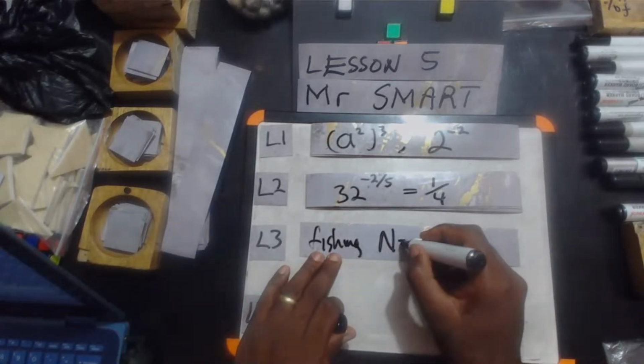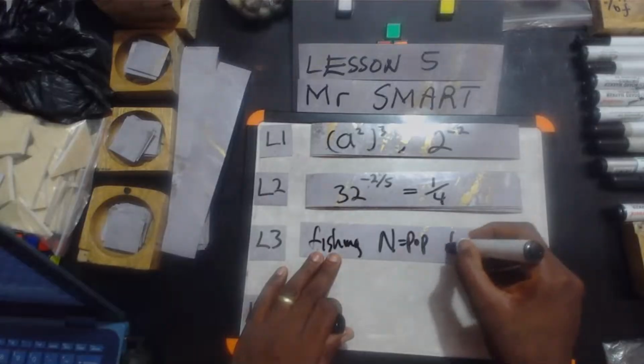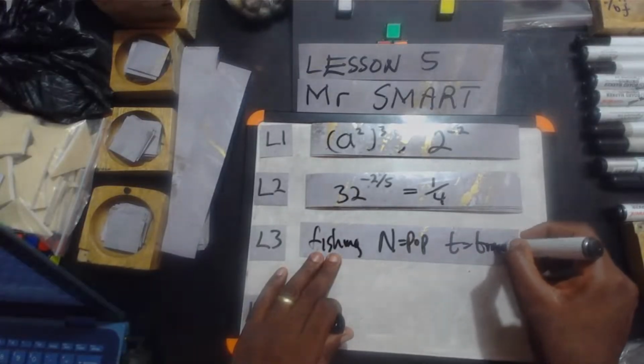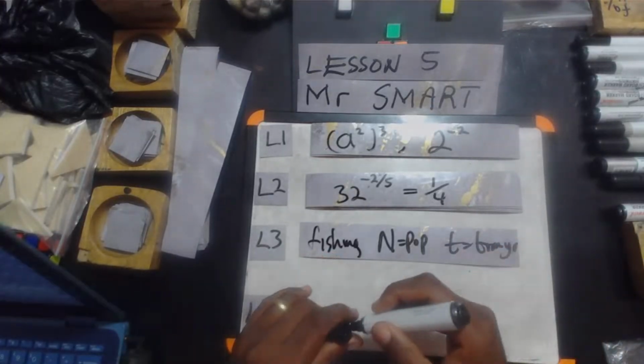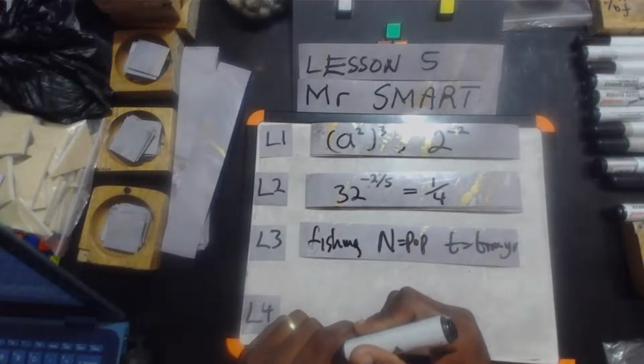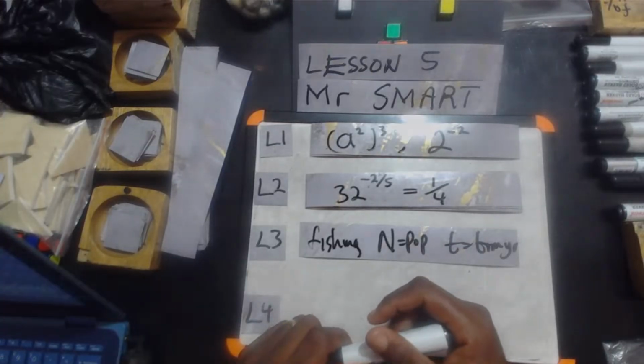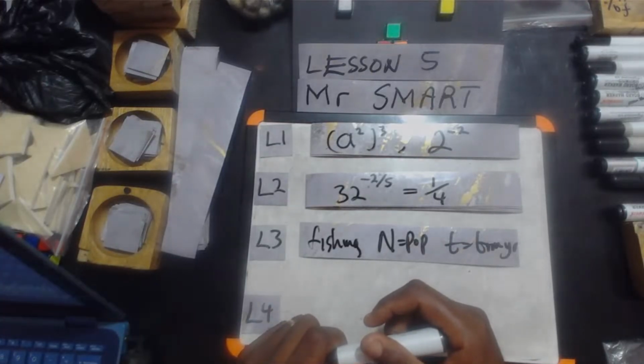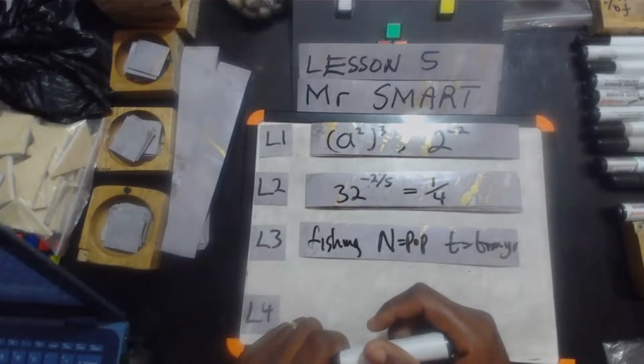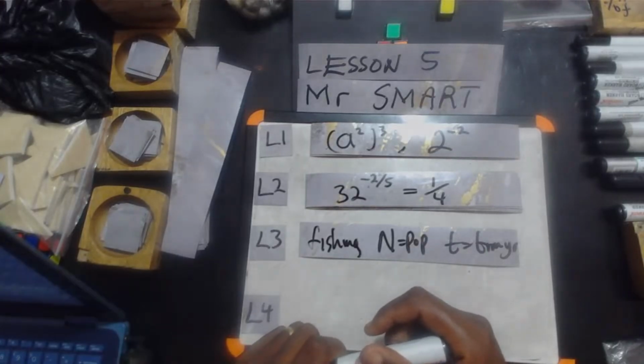So N is the population and T is the time in years. So we want to calculate the population after 3 years. What will the population be after 3 years?